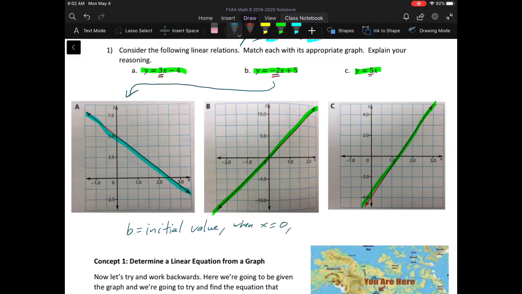We're going to add a definition here. It's equal to our y-intercept, where the line crosses the y-axis.